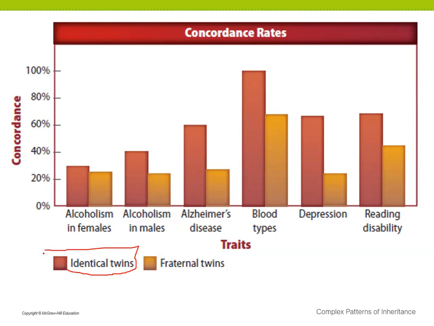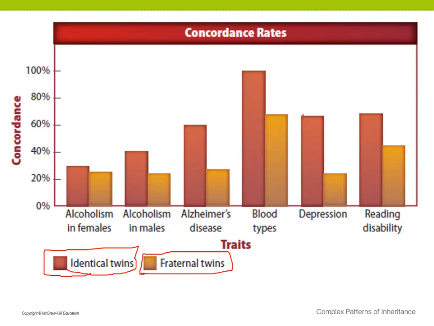If we compare identical twins, who have the exact same DNA, versus fraternal twins, who do not have the exact same DNA, and if we look at the rates of certain things, we can then determine whether something's genetic or whether it's environmental. Let's look at depression here, for example.